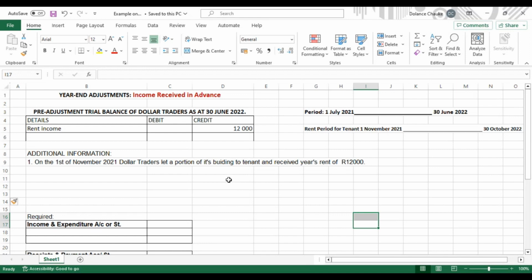Today I'll be helping you with year-end adjustments: income received in advance. For example, let's say you are a business giving people a place to stay where they rent.